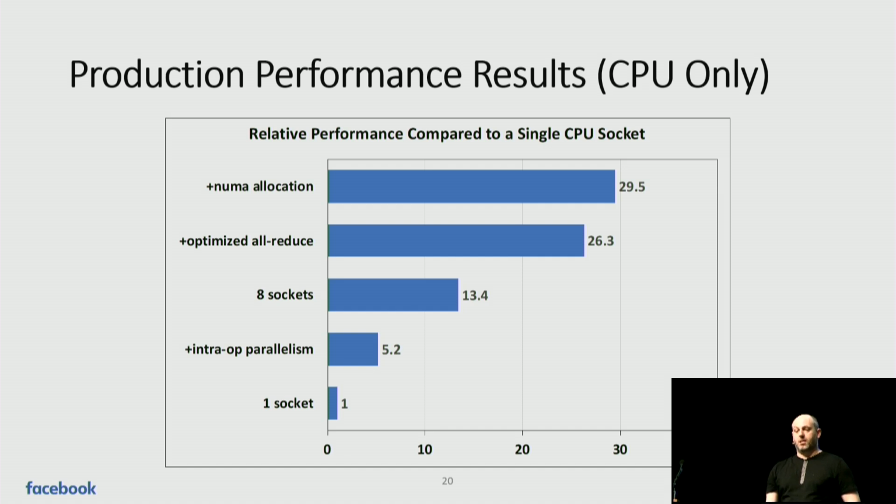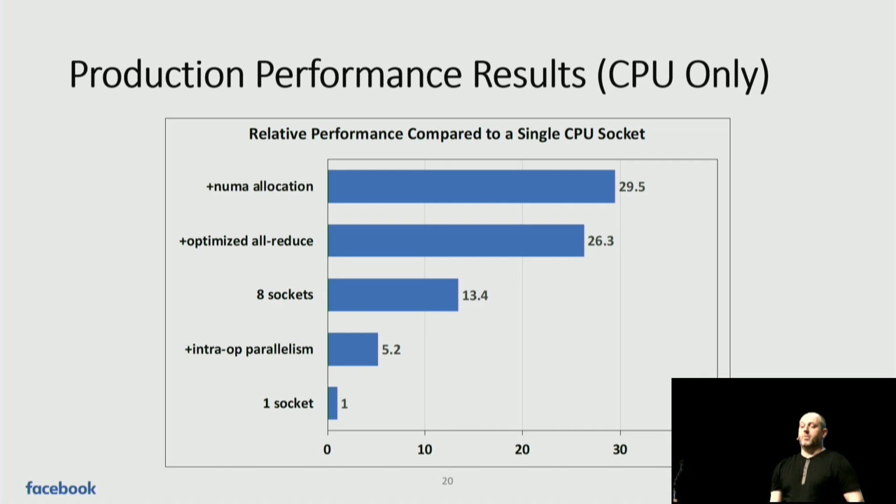Starting with 1 socket, if we enable intra-parallelism, we actually get 5x performance boost on 8 sockets, which is actually not that bad because the workload, as I mentioned earlier, is bandwidth bound because of the embedding lookups. So you cannot quite scale with compute because of the low arithmetic intensity of the major part of the workload.